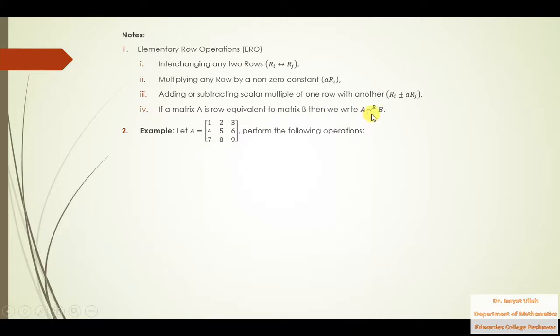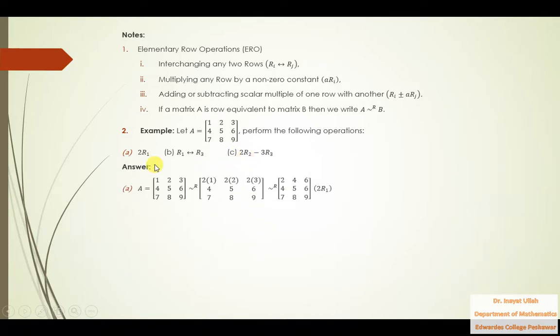Now here is an example. A matrix A is given to you and you are asked to perform the following operations: multiply row 1 by 2, interchange R1 and R3, and subtract 3 times row 3 from 2 times row 2.